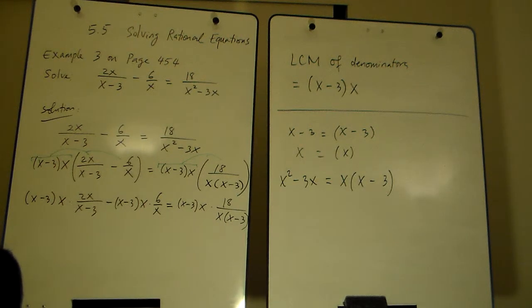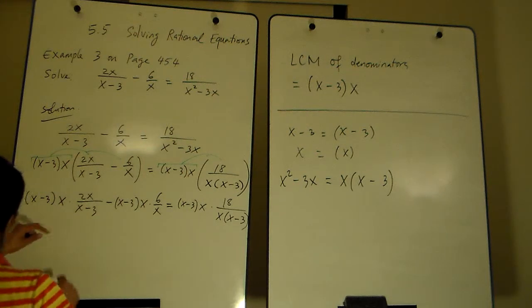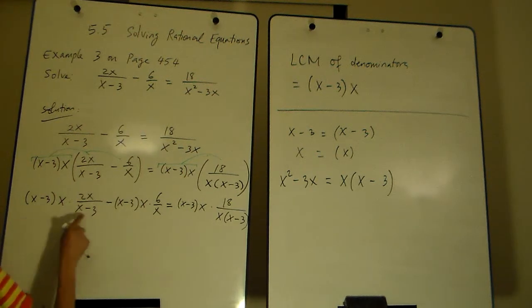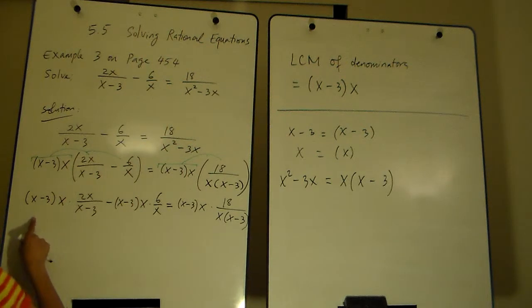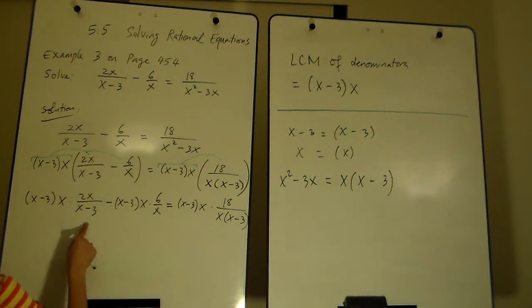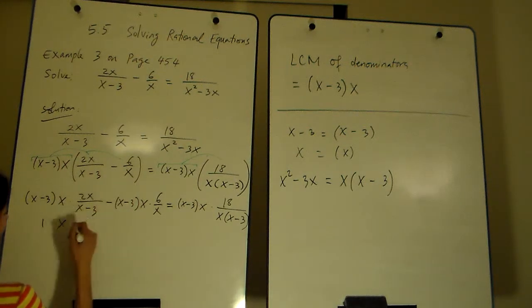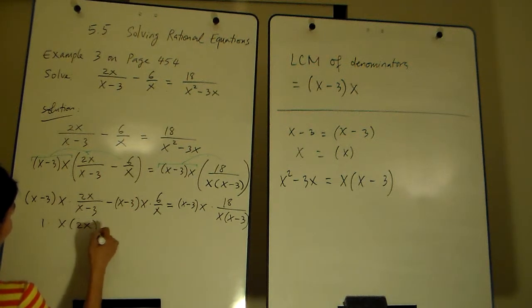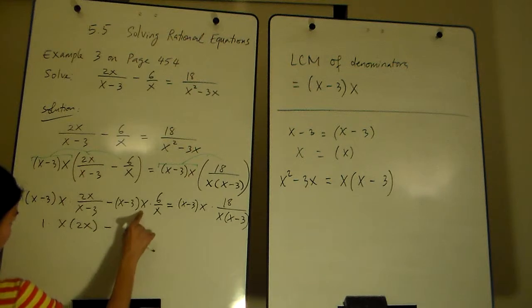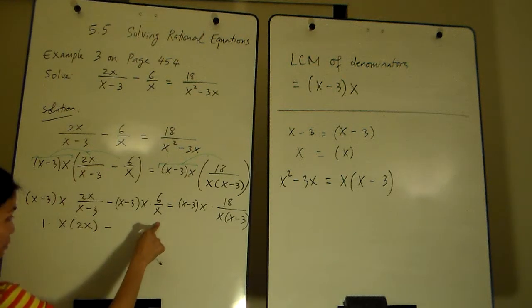Now simplify. This x minus 3 can be simplified with this x minus 3, so x minus 3 divided by x minus 3 becomes 1. 1 times x times the remaining 2x, minus. This x and this x can be simplified.